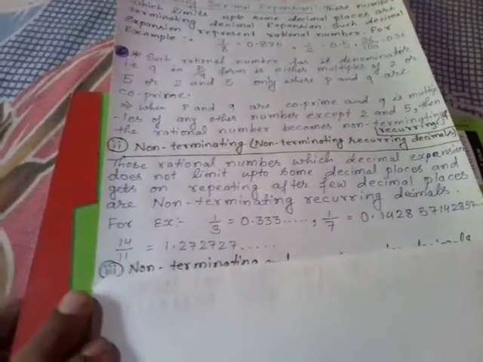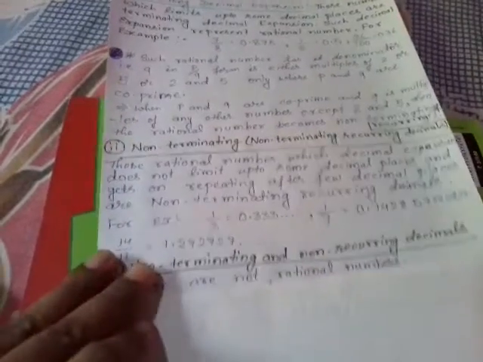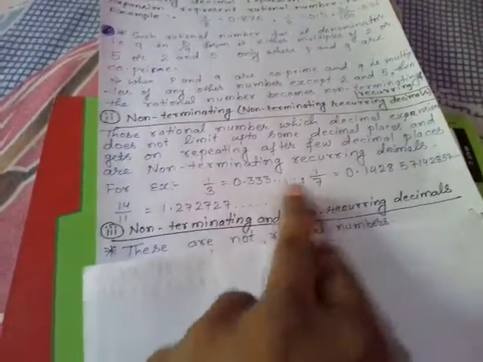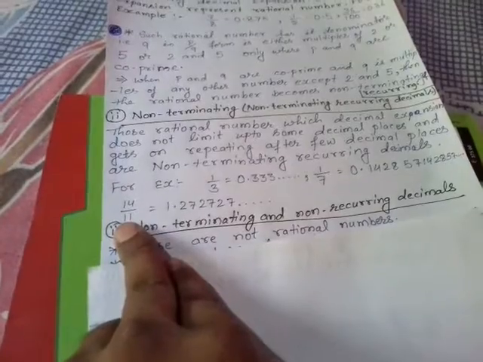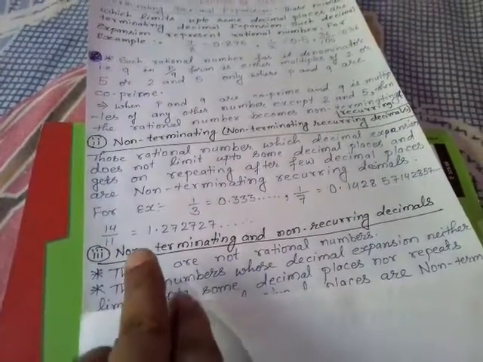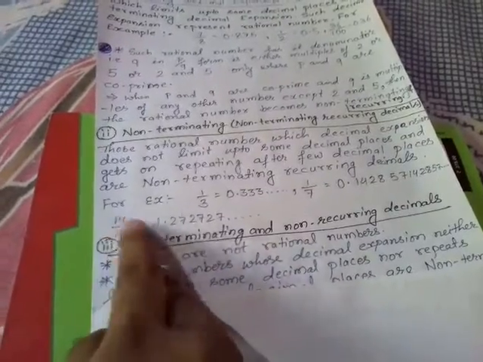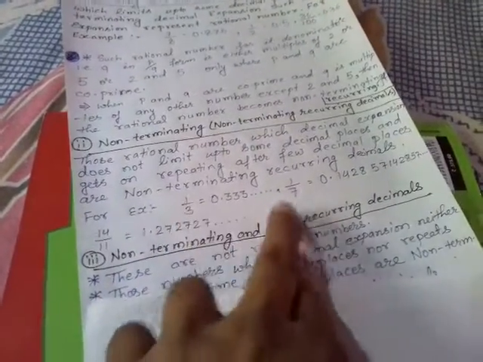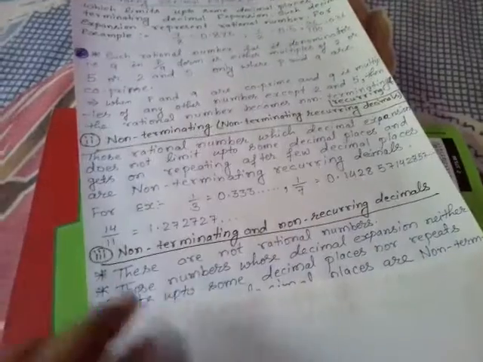By dividing you can check it. And without dividing, how can you check it? You will see the denominator should be any number other than multiples of 2 and 5. And these two should be co-prime. 14 and 11 are co-prime. 1 by 3 is co-prime. 1 by 7 are co-prime.